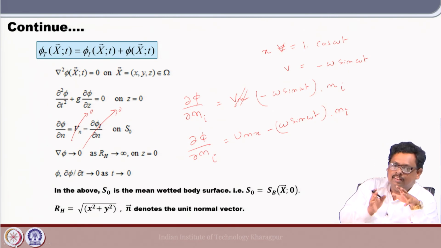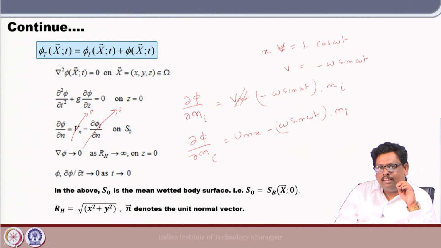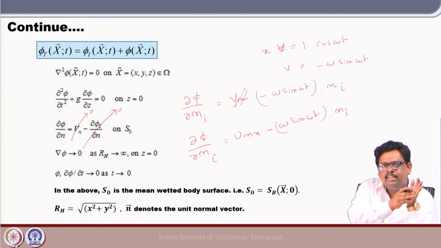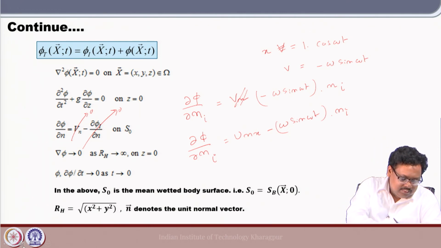When you solve the classical ship motion problem, we do not split up the radiation, diffraction or the steady part. But with this general formulation, anytime you need, you can always figure out the component of the diffraction, the radiation, and the steady part.